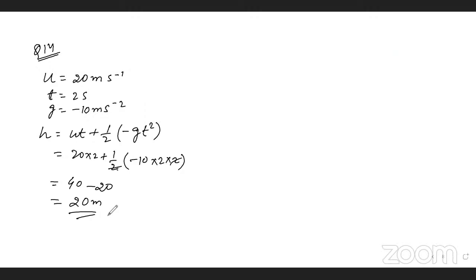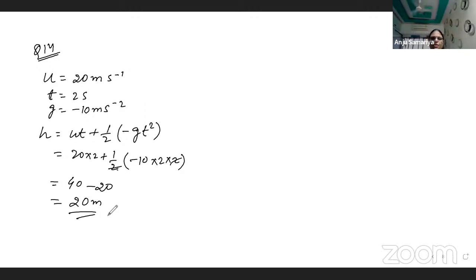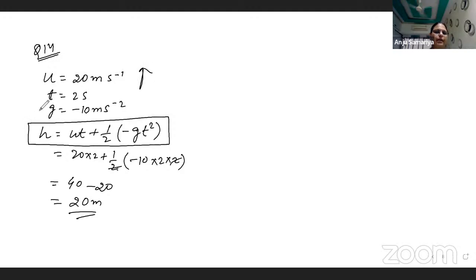Ma'am, I have used h is equal to half gt square. No, how will that be? U is not 0. While coming down, it will be half gt square because U is 0. While going up, U is not 0. You have to use this formula. It is thrown up, right? When it is thrown up, U is given to us.